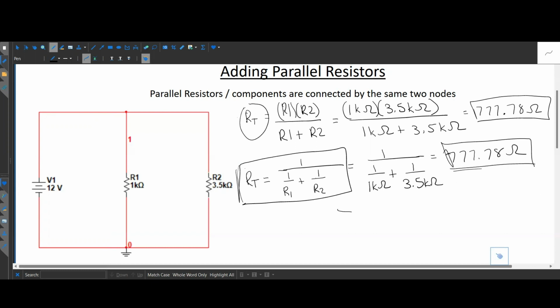What if you had 3 resistors? Well, the first one won't work right away. You have to do 2 at a time. But with this one, you can plug all your resistors into this form: 1 over R3, 1 over R4, and beyond. This one is limitless on the number of resistors that you can plug into that formula.